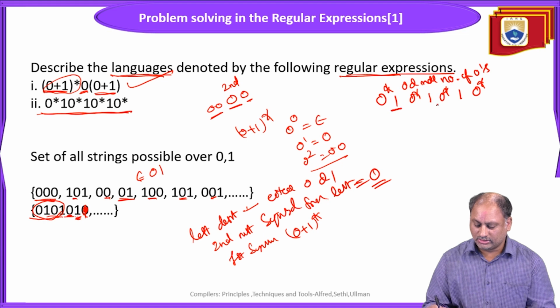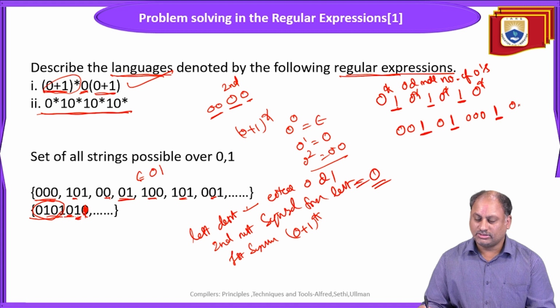So here the number of zeros may appear any number of times, 1 or 2, followed by this digit, again zeros 1 time or 2 times, again a digit symbol followed by any number of zeros, followed by a digit, followed by any number of zeros or 0 zeros. So like this the language may be obtained.